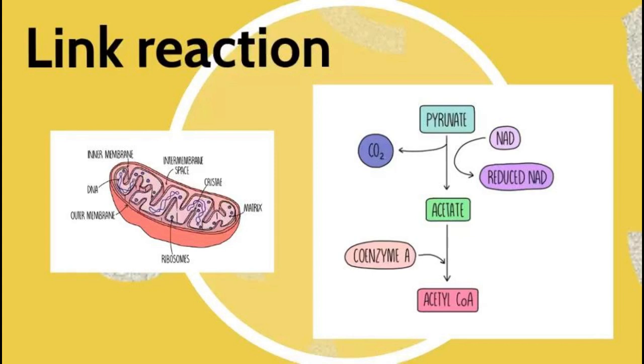So in this reaction, pyruvate, remember we have 2 pyruvates that we made from glycolysis. They are 3 carbon molecules. They go through another transformation to be able to become part of the main production process before entering the Krebs cycle. So during this makeover, pyruvate gets rid of one of the carbon atoms, which becomes a carbon dioxide, which we then breathe out.